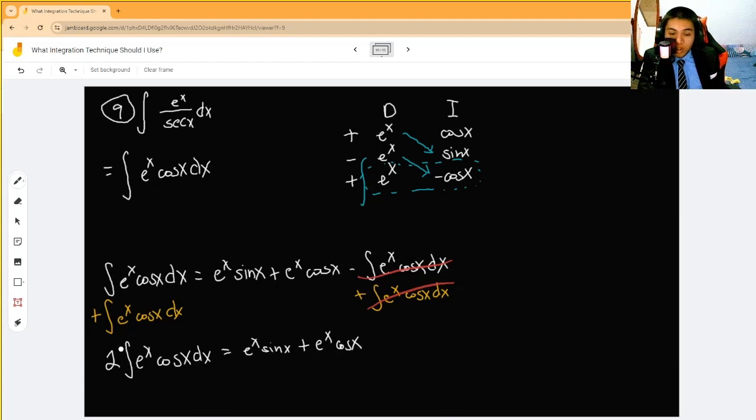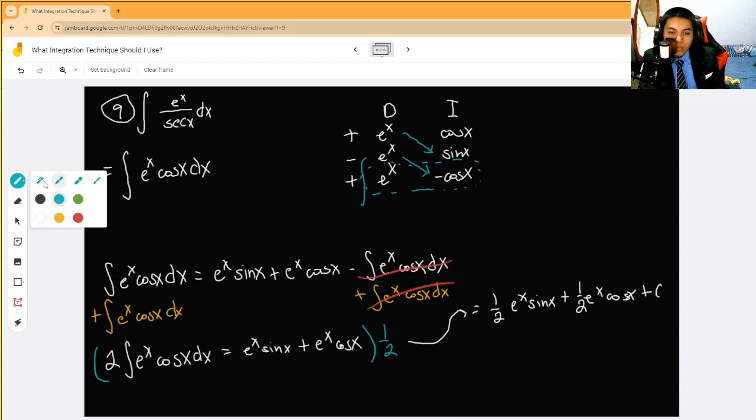And to remove this 2, we just have to multiply everything by 1/2. When we do that, we are going to be left with 1/2 e to the x sine x plus 1/2 e to the x cosine x. Then put a plus c. We are done. That's actually pretty nice.